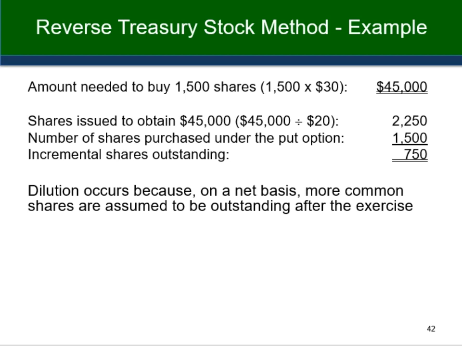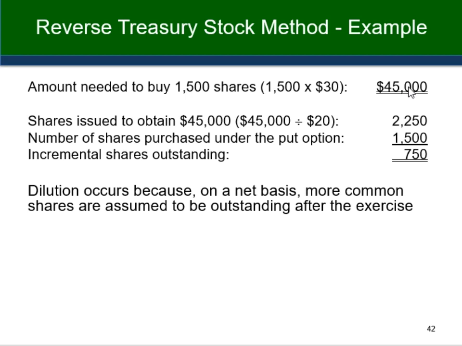Let's go back to the reverse treasury stock method. $45,000 is the amount of money that we need to be able to buy the 1,500 shares at the exercise price of $30. So we have to be able to pay $45,000. The reverse treasury stock method assumes we issue new shares in order to do that.